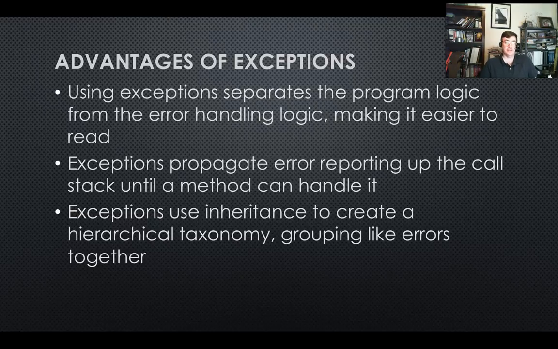Another advantage of using exceptions is they propagate error reporting up the call stack. Imagine if we were using a return code to encode a message and it was 6 levels deep in a subroutine. So a method generates an error and returns it to the method that calls it. That method would have to have an if statement to check what the return value is, and then if it's an error, return its own error code.